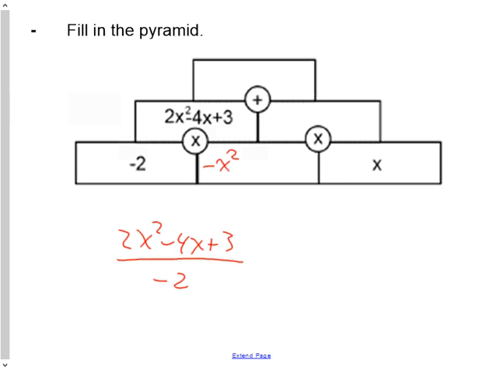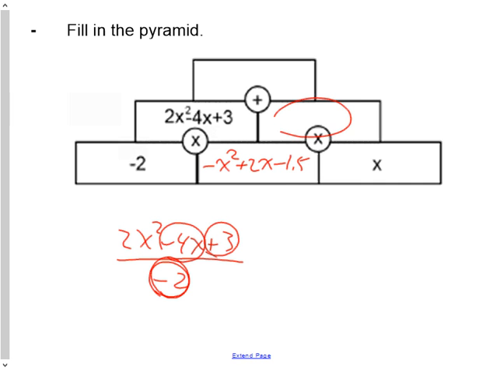That means this is a negative x squared, because a negative 2 times a negative x squared is a positive 2x squared. A negative 4x divided by a negative 2 is a positive 2x. And a positive 3 divided by a negative 2 is a negative 1.5. Okay? Everybody's okay with that one? On your test, filling in that one part of the pyramid is a point.